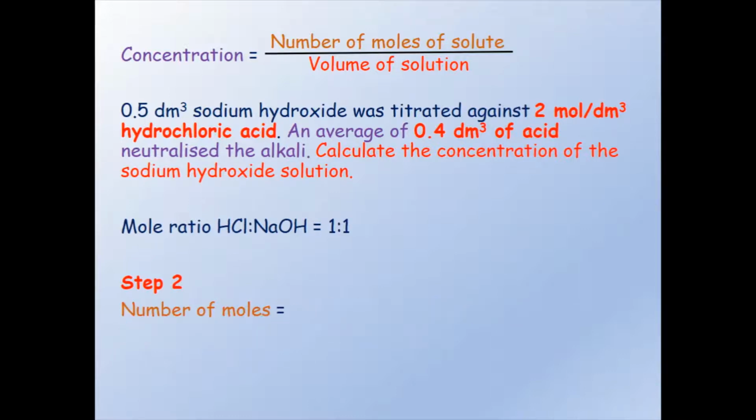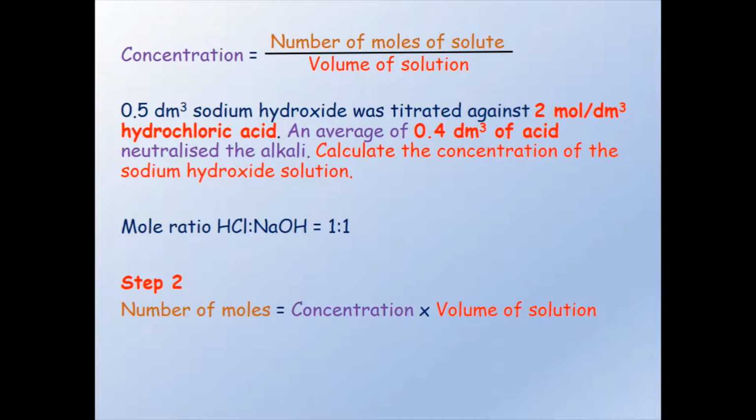To calculate the number of moles, we have to rearrange the equation for the concentration. We can do this by multiplying both sides of the equation by the volume of solution, and we get number of moles equals concentration times volume of solution.